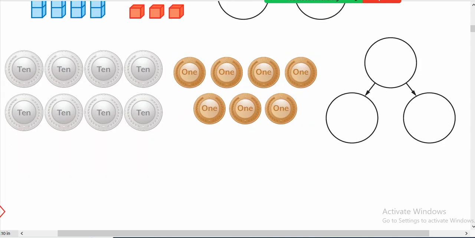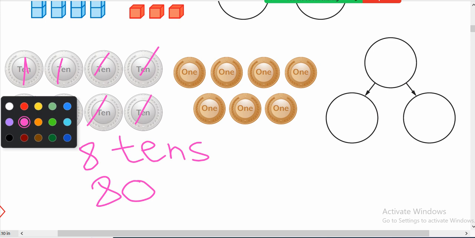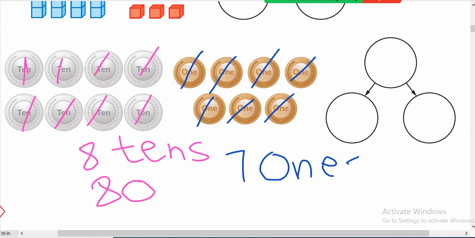Okay, now how to write these numbers? It is tens. 1, 2, 3, 4, 5, 6, 7, 8. 8 tens. 8 tens means 80. And how many ones are there? 1, 2, 3, 4, 5, 6, 7 ones.